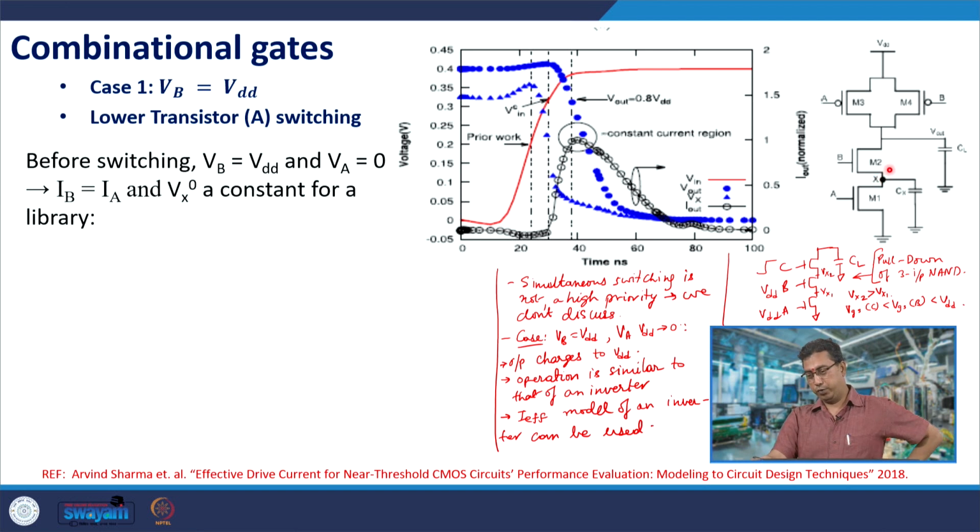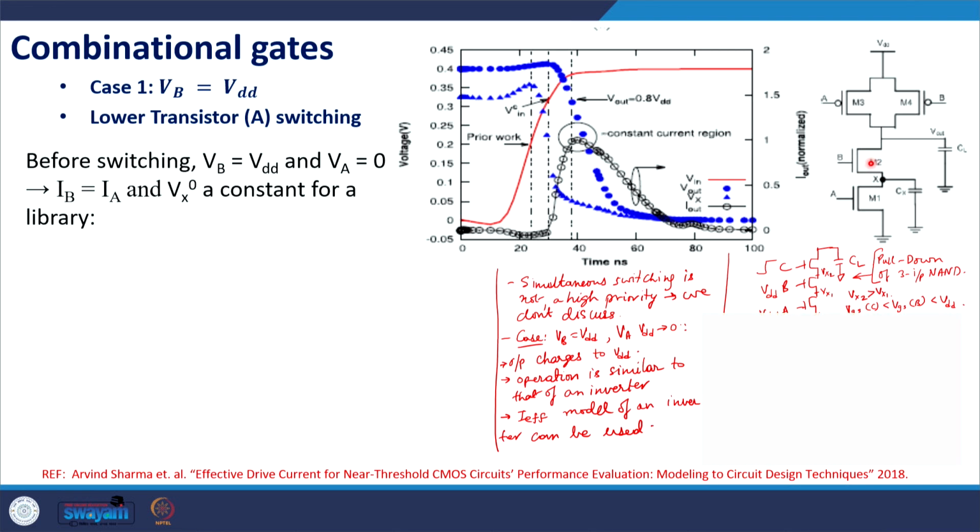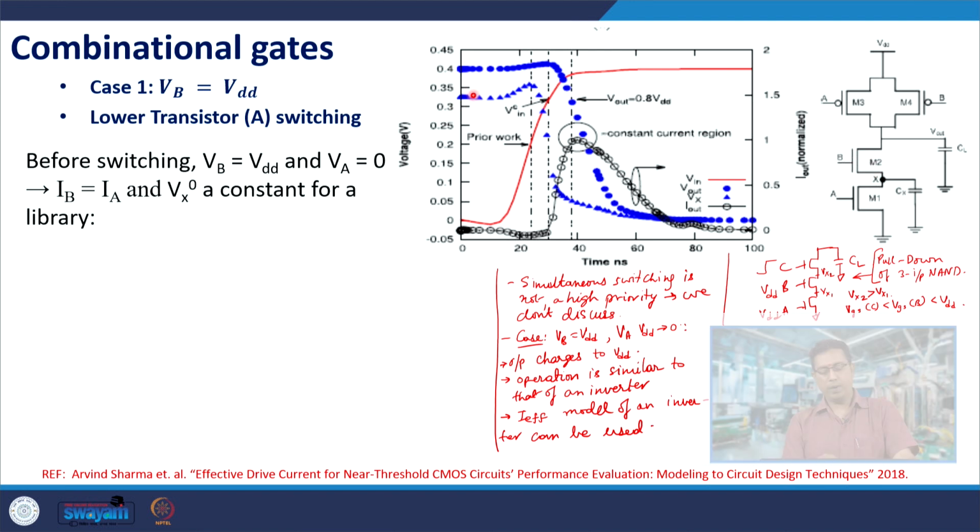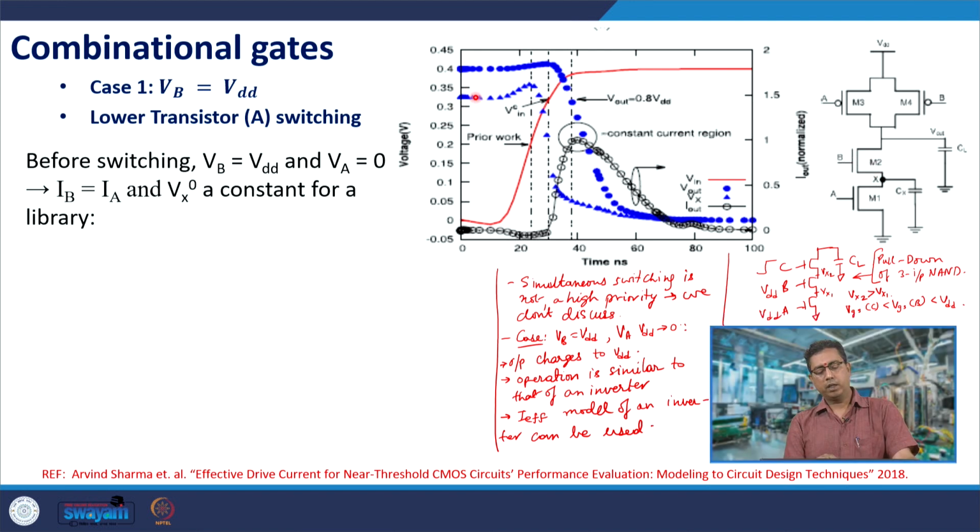Here it is not so, because M2 is also operating in the subthreshold regime. The value of VDD is close to VTH, and when Vx is larger, VGS of M2 is in the subthreshold regime. Therefore Vx would be quite large and comparable to VDD, though smaller than VDD.